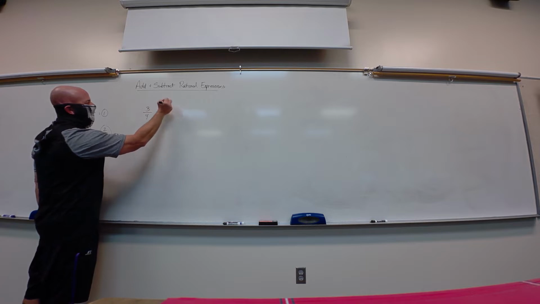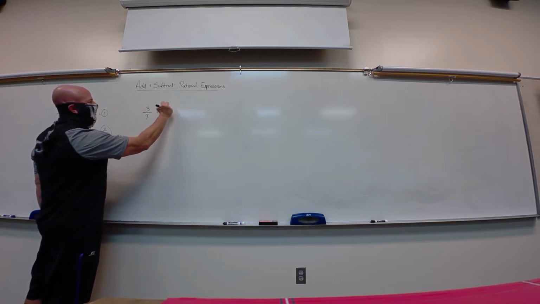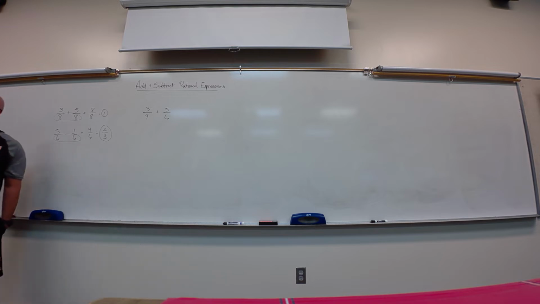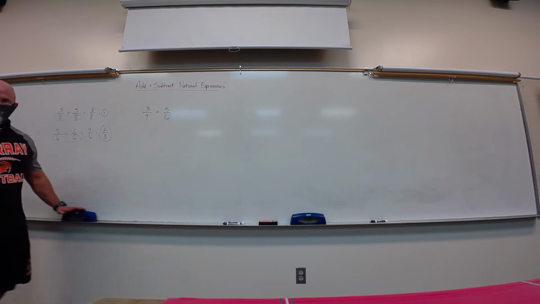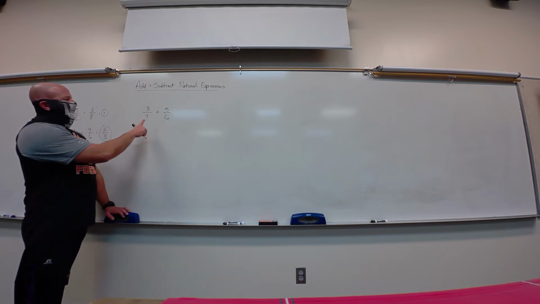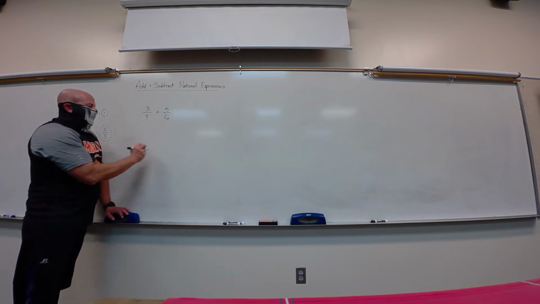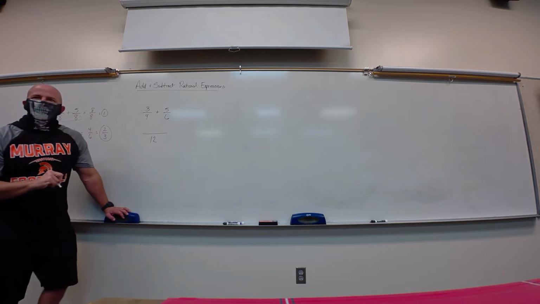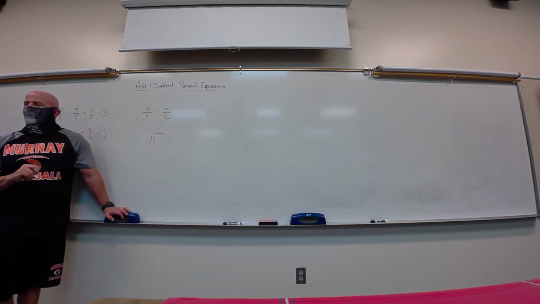So let's do something like 3/4 plus 5/6. This would be an unlike, not common, denominator. Our first job was to get a common denominator. So we were thinking of a value that both 4 and 6 go into. Lowest common denominator would be 12. 6 and 4 both go into 12.